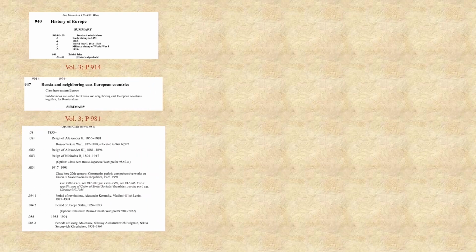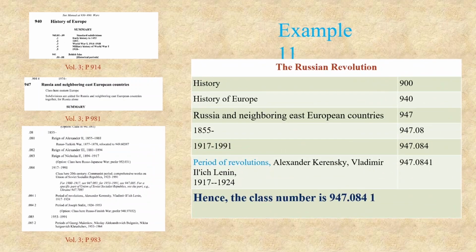Here is another example to understand the class 940, that is European history. The example is the Russian Revolution. In a library, there are different types of documents, and one important type is documents related to revolution in the context of history. So you have to identify the key elements here. Subject: revolution, that is political change.